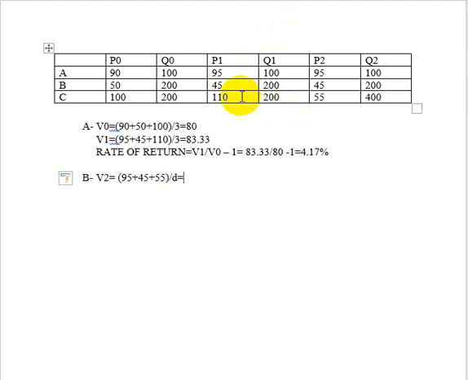But what we know is that V2 must be equal to V1, which is 83.33. Why is it so? Because as I said earlier, the value of the equity does not change when conducting a split.